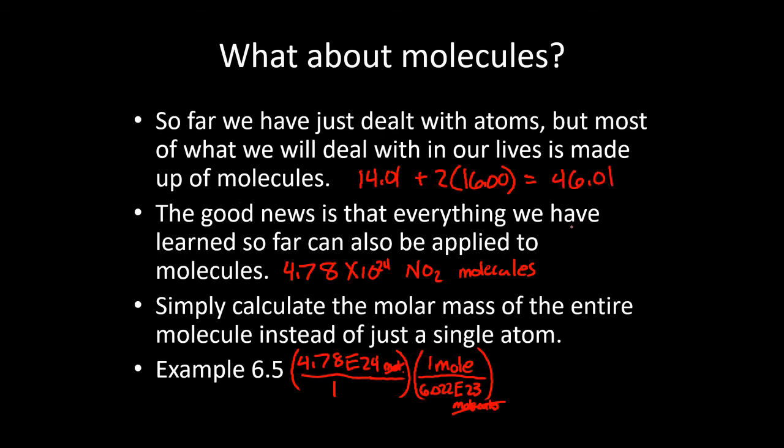Okay. So we have 46.01 grams per mole. And again, these numbers, the 14.01 and the 16, they just come directly from the periodic table. So this is the number for nitrogen. This is the number for oxygen. We have 2 oxygens, so I multiplied the number for oxygen by 2.